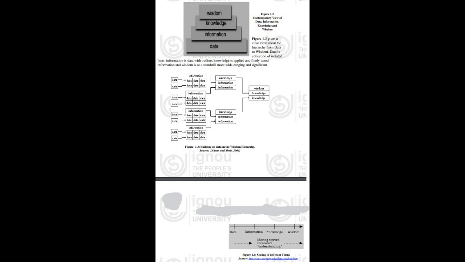Data is collection of isolated facts, information is data with outline, knowledge is applied and finely tuned information, and wisdom is at a standstill, more wide-ranging and significant. The terms data, information, knowledge, and wisdom can be presented in the form that suggests a scale depicted as shown below in the figure 1.4.